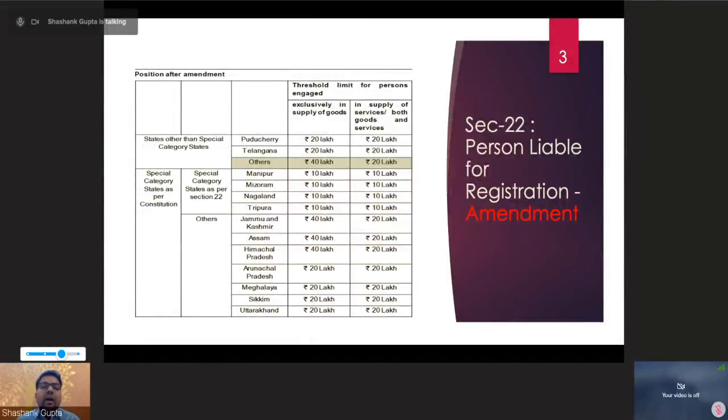Is the person required to obtain mandatory registration under section 22? The answer will be yes. Why? Because if a person has a location in Delhi, Puducherry as well as Tripura, then the lowest threshold limit is 10 lakh rupees, and because the turnover in that case is 19 lakh rupees, the person of course will be required to obtain registration.